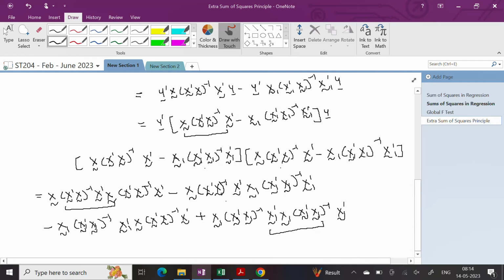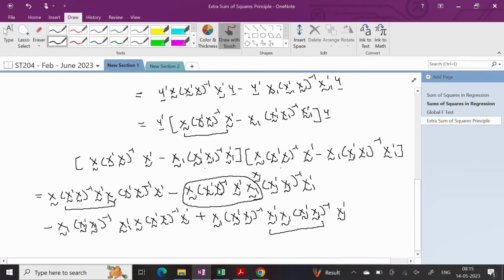Now, if I look at this term, then we know the result for partition matrices which we saw in the first online lecture, that is X prime X inverse X prime into X1, so this is basically just X1. We have seen this result.